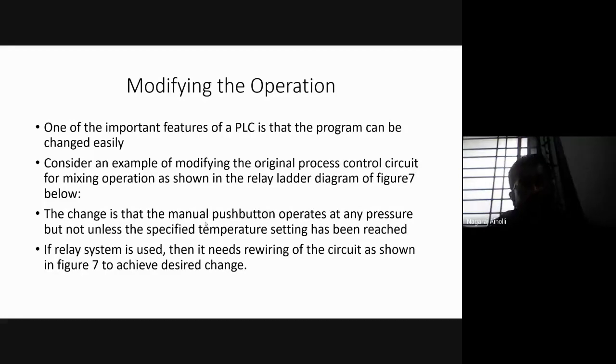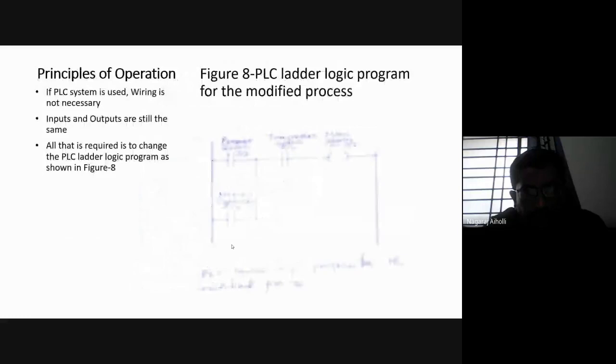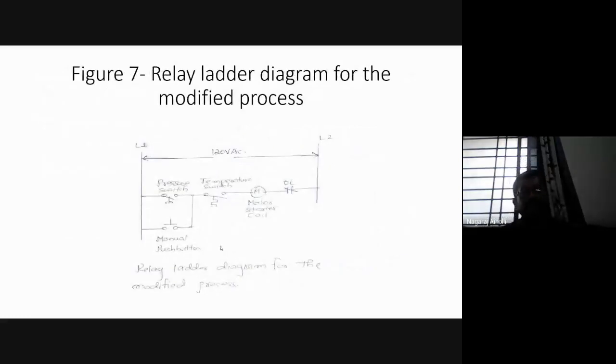Now let us slightly modify our process. We have seen the original process, right? Let us modify this original process for mixing operation as shown in the next figure. This is the figure which shows the modification in our process. What is the change, students?